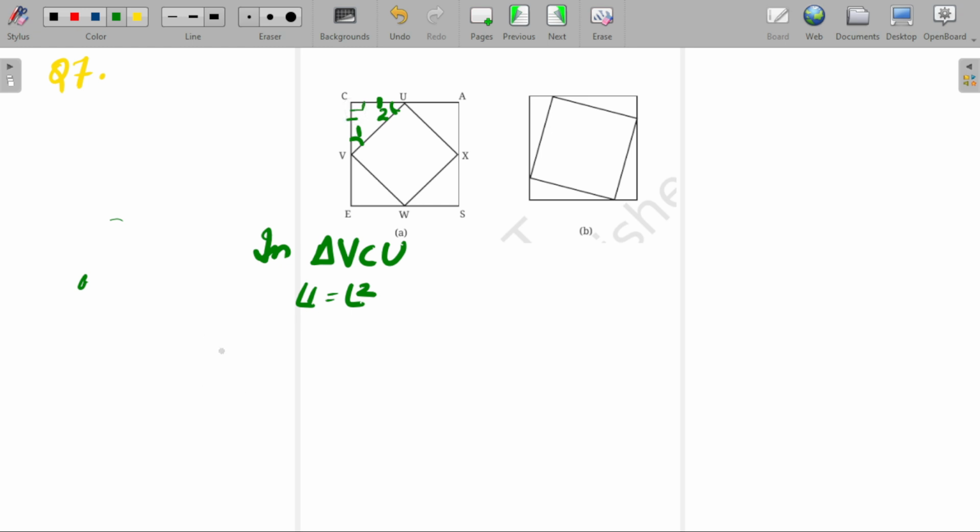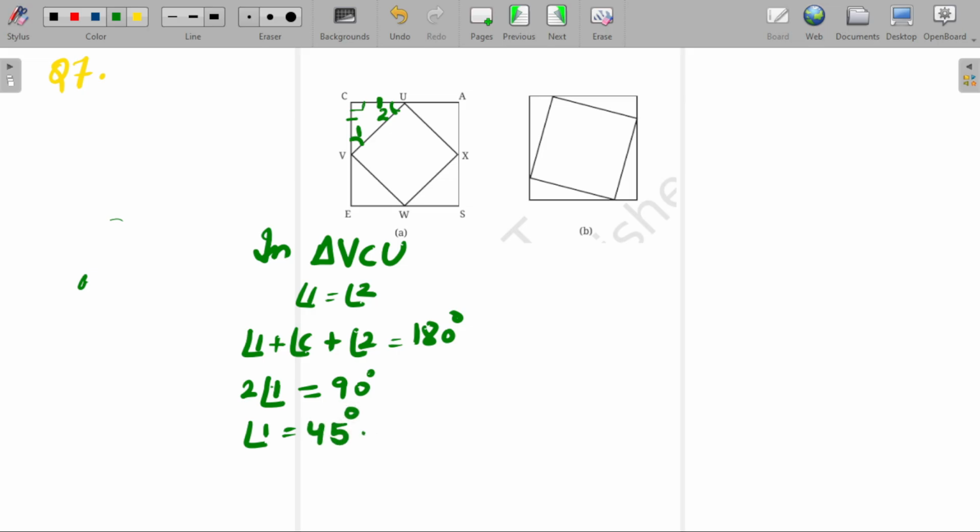And you know, in a triangle, the sum of all the angles, angle 1, angle C and angle 2, is 180 degrees. And from here, if angle 1 equals angle 2, you can easily find out twice of angle 1 is equal to 90 degrees. So angle 1 is equal to 45 degrees.